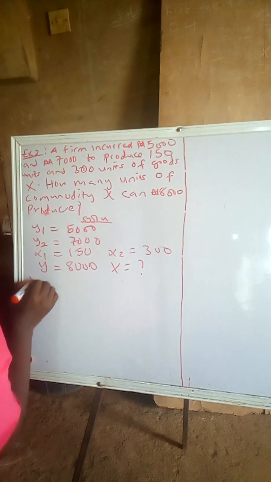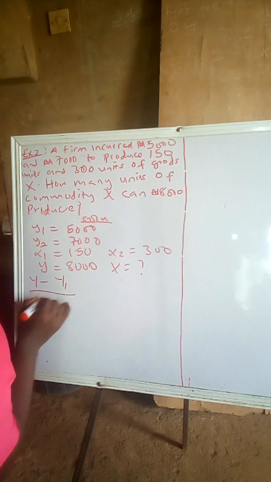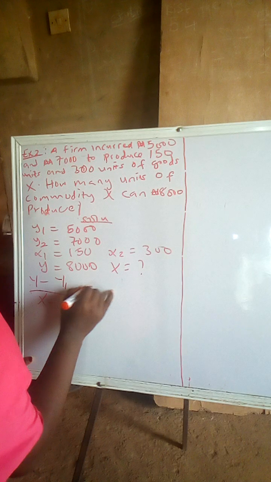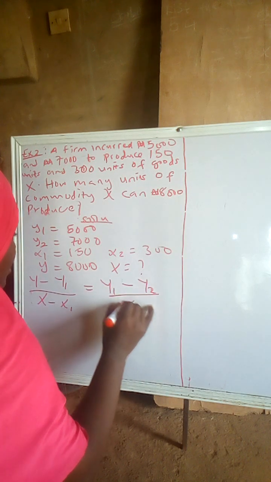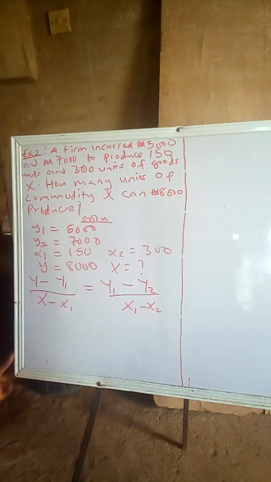So our formula: Y minus Y1 over X minus X1 equals Y1 minus Y2 over X1 minus X2.